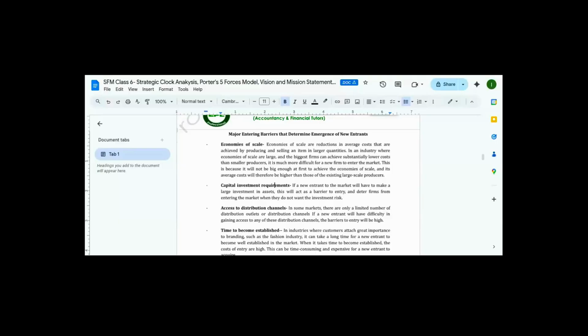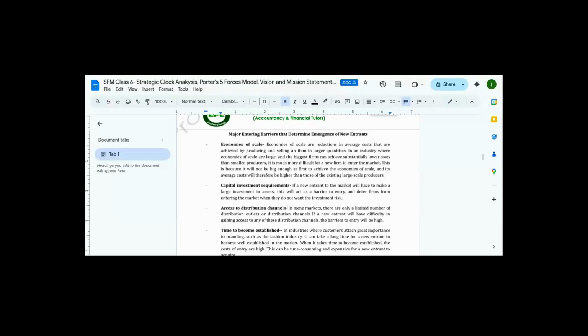So the third one is access to distributors, access to distribution channels. There are a lot of new entrants that want to emerge and launch their products presently, but they are unable to do that due to many factors.